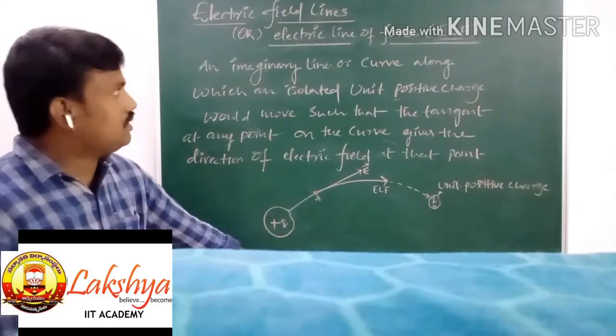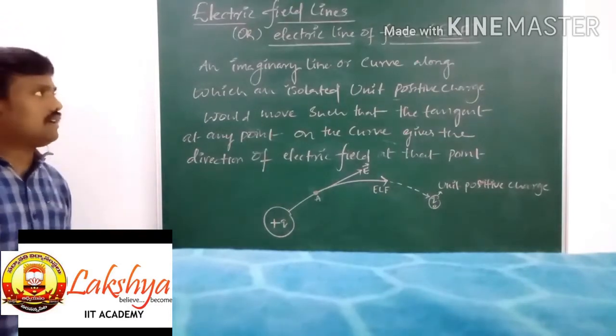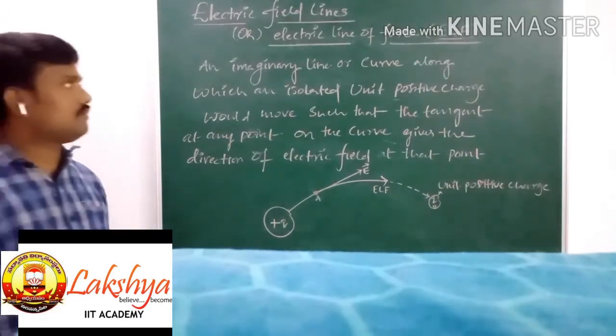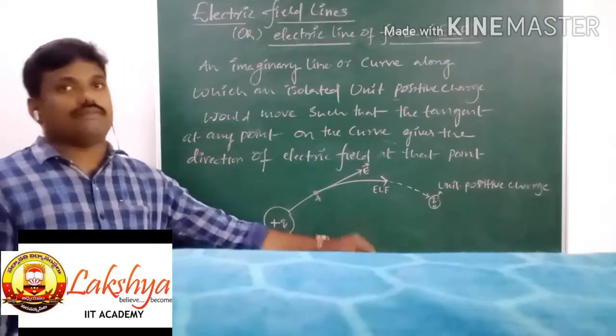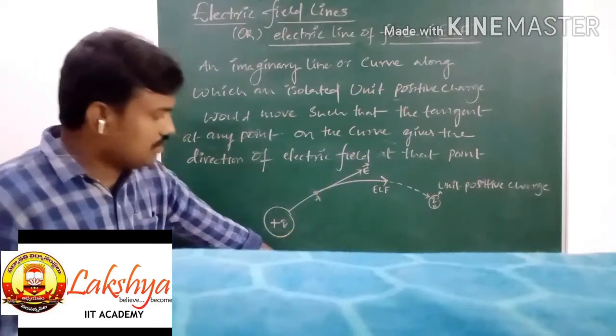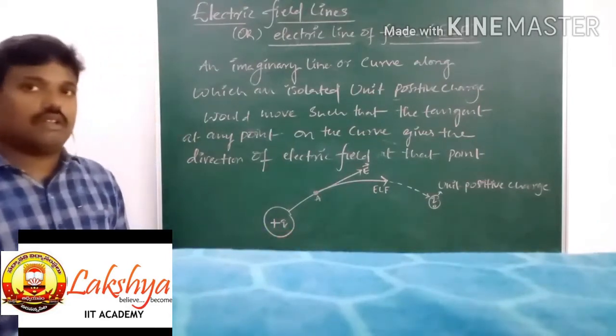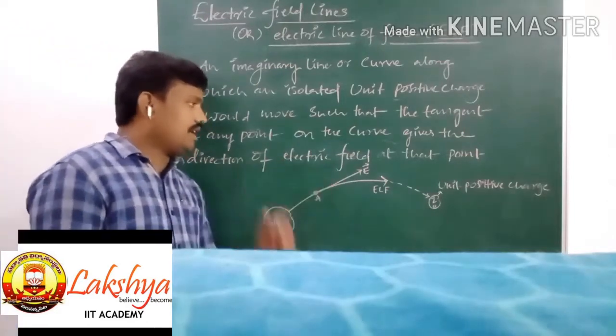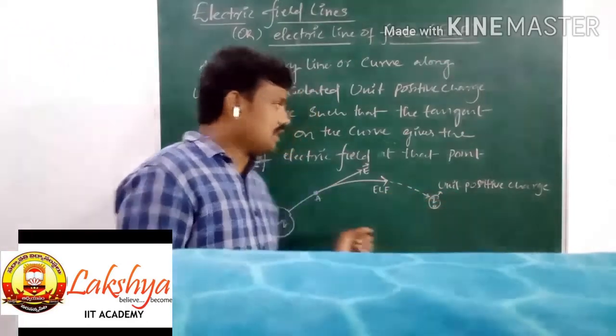So for that purpose, we will take the electric field lines concept here. So what is an electric field line? Suppose we take a charged particle, and nearby it we place another positive charged particle.